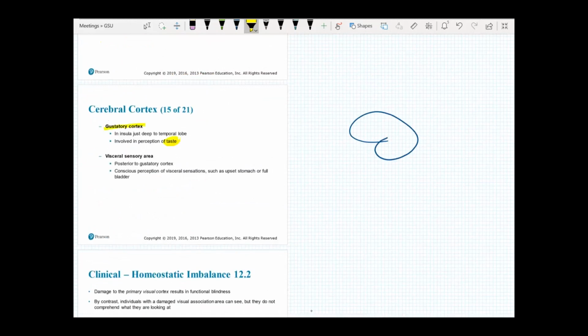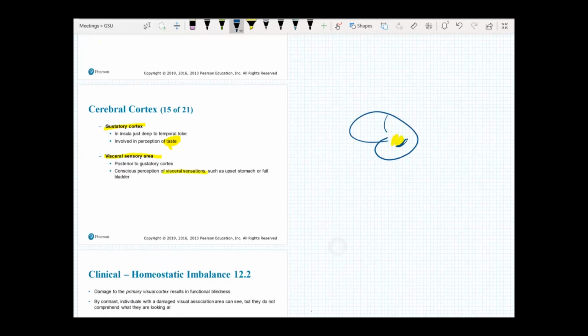Okay, the next one is going to be the gustatory cortex, and gustatory essentially is going to be taste. And that is going to be deep to the temporal lobe. Gustatory cortex is going to be right about there. And then you'll also have one called the visceral sensory area, which is going to be right behind that. And this is where you will have conscious perception of your inside information.